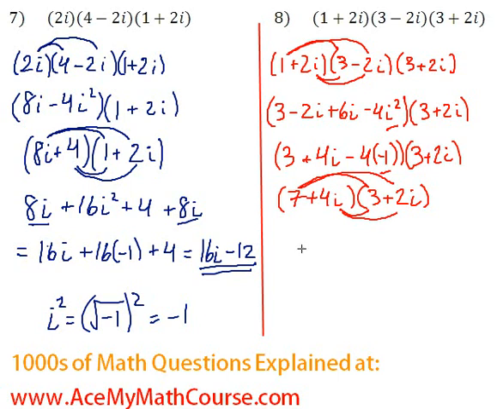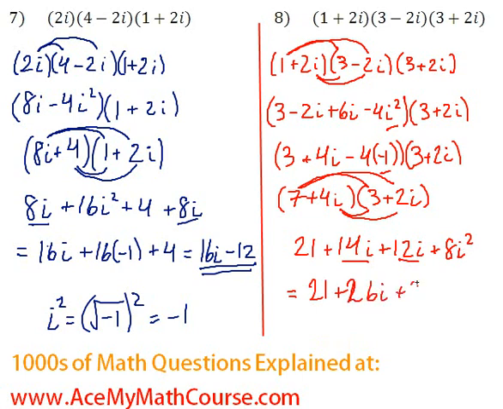So we're multiplying the first, 7 times 3, 21. And the outside ones, 7 times 2i, 14i. And 4i times 3, 12i. And finally 4i times 2i, 8i squared. Great. Now we can combine like terms. 21 is just going to wait for now. 14i plus 12i is 26i.